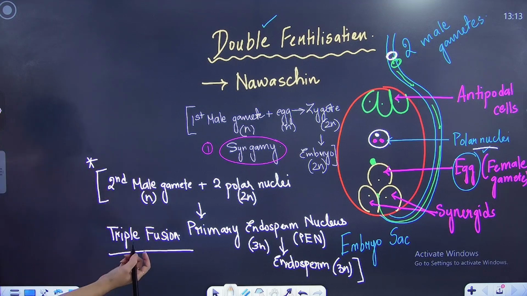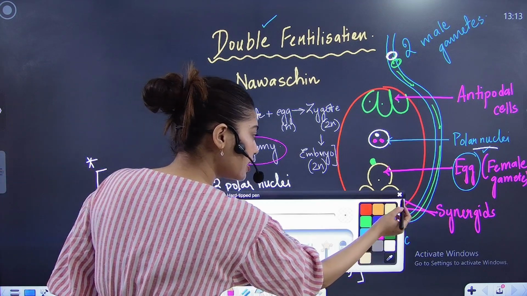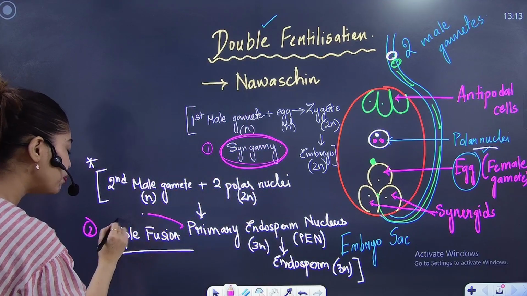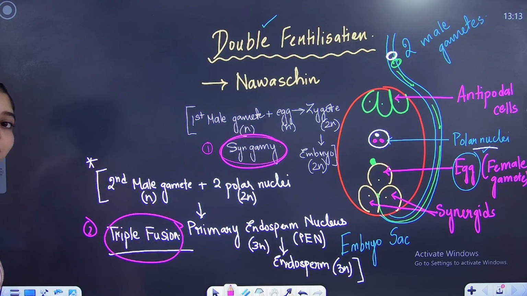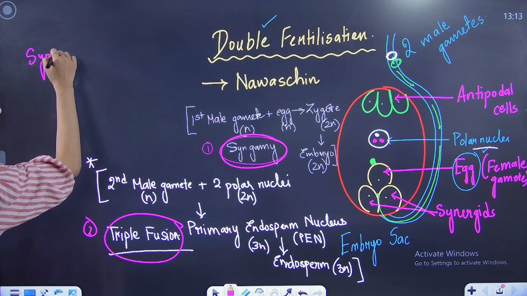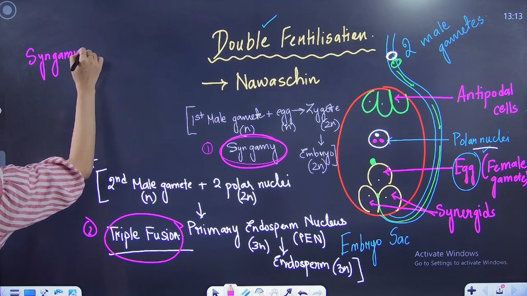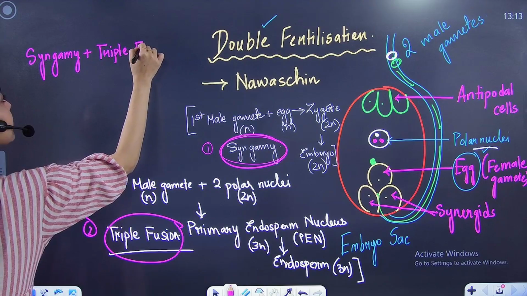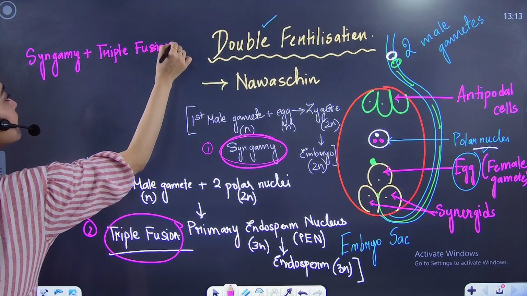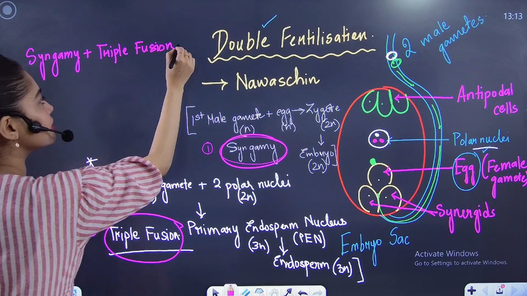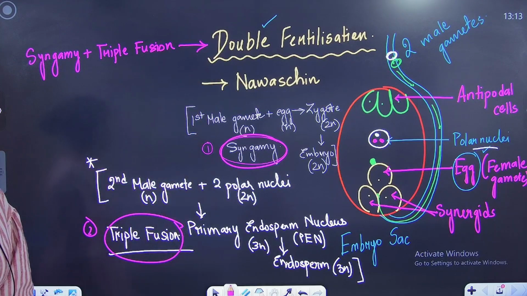Since syngamy and triple fusion take place simultaneously inside the embryo sac, this entire process is known as double fertilization.